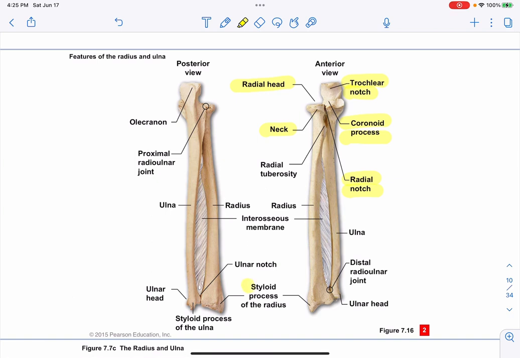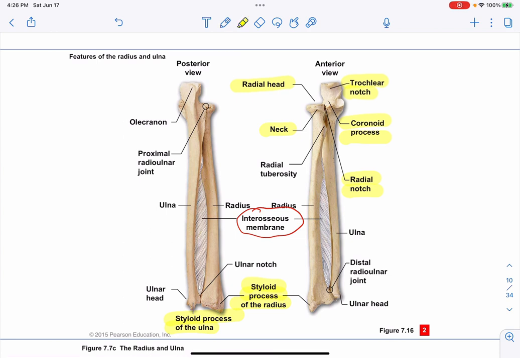And then the styloid process of both the radius and the ulna are the features that I want you to know. It's also important to note that these two bones are held together by this interosseous membrane. This is dense, regular connective tissue that holds these two bones in place.